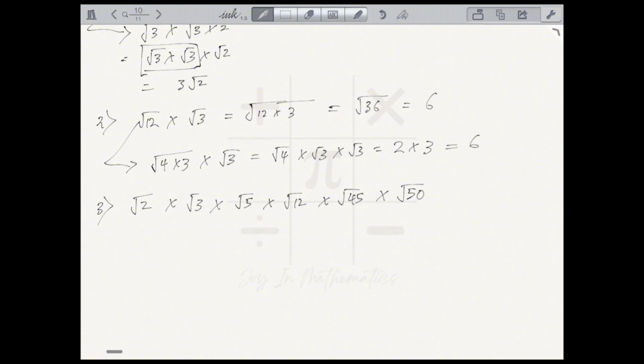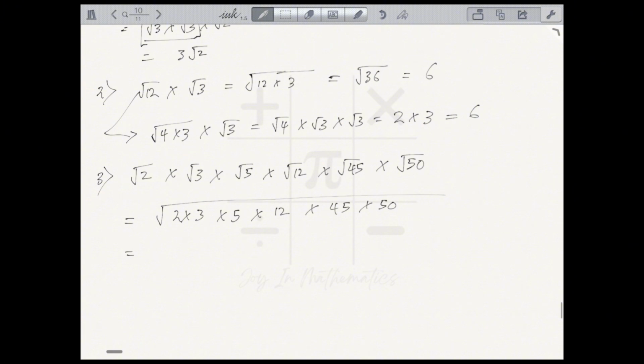So let's combine them all together. Let's apply the rule of surds to it. So this will be root of 2 multiplied by 3 multiplied by 5 multiplied by 12 multiplied by 45 and multiplied by 50. Now the best thing to do is to group them in such a way that we will have squares of numbers.